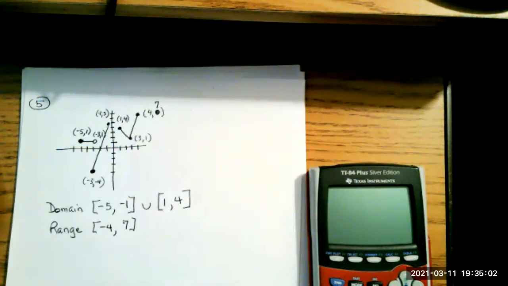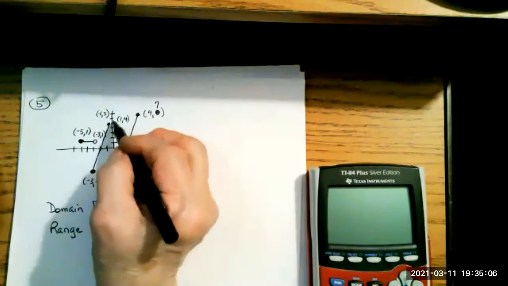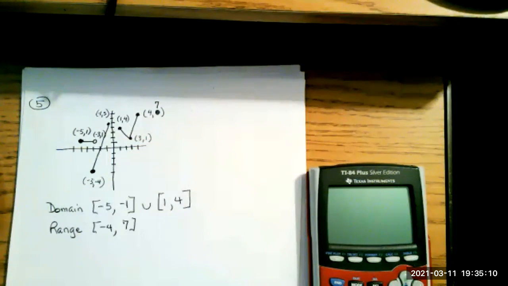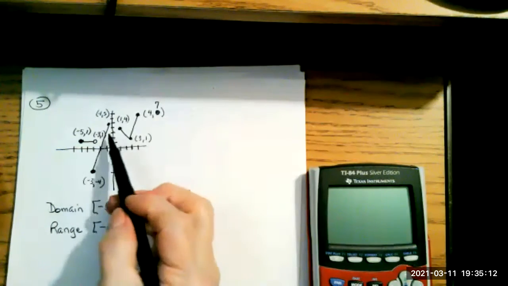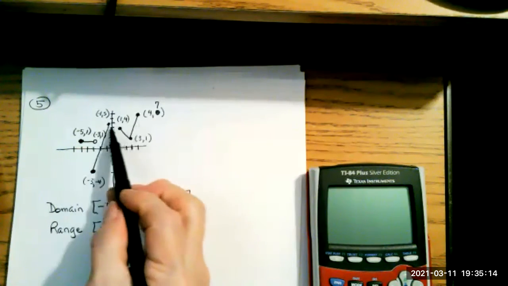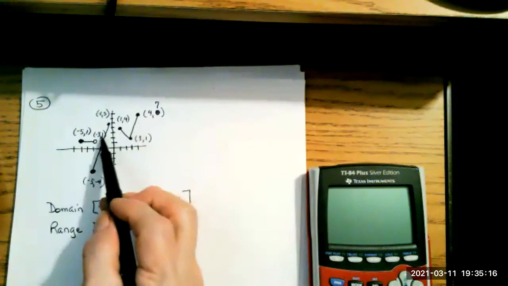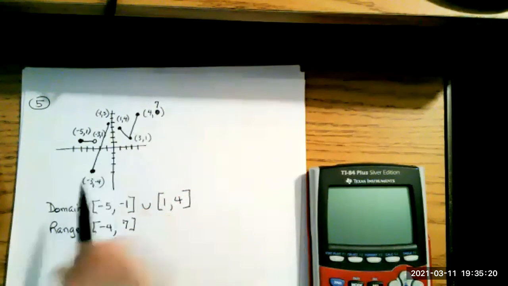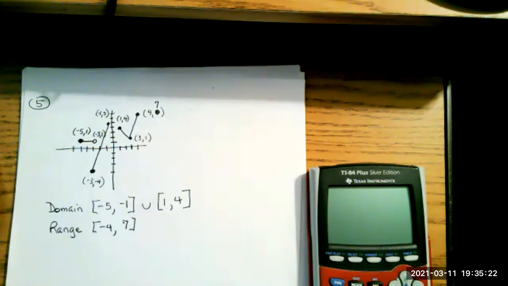And then the union is the break. There's a break in between here. See that break? But we don't have a break on the Y's, because there's always a Y value somewhere if you go up and down. There's no break on the Y values up and down. That confuses me.